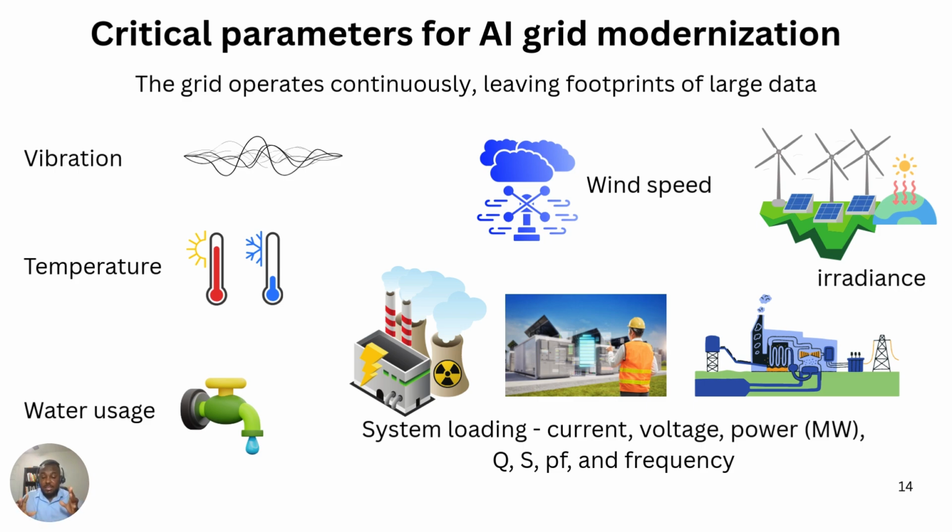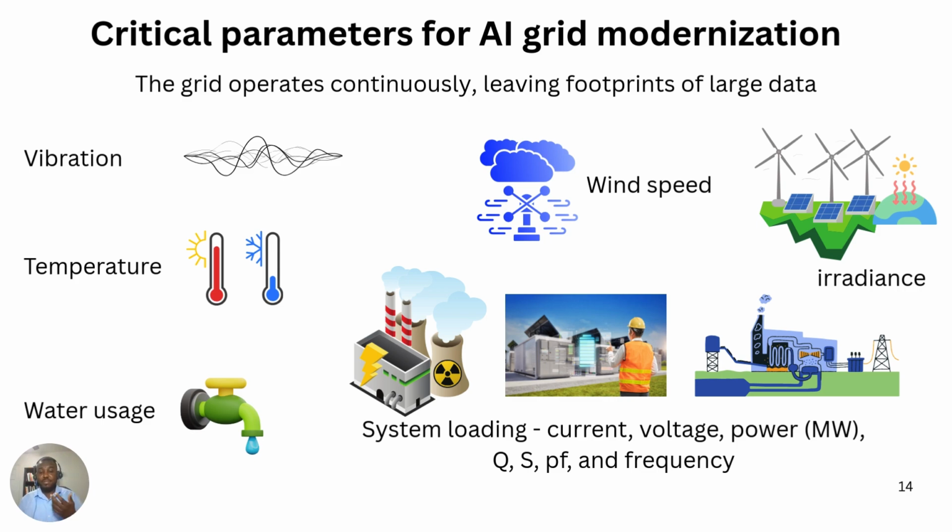So for instance, if the frequency of the grid changes, let's say you have a large customer and there's an outage, the customer will have a trip at the customer end. Once there's a demand loss, there's excess generation, so the frequency goes up.